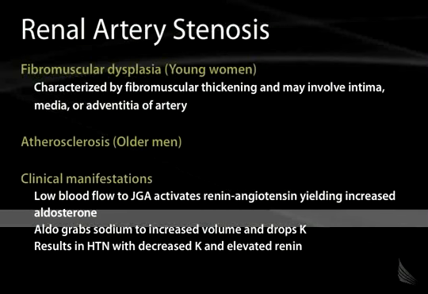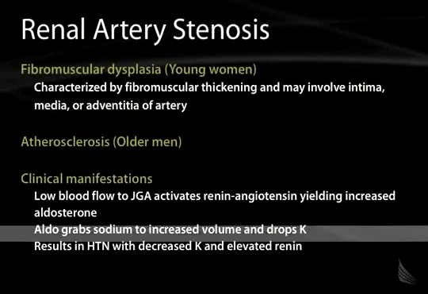The aldosterone acts on the kidney tubules to increase sodium reuptake and increase potassium secretion in the renal tubules. This leads to increased volume and hypertension. It can also result in hypokalemia with the resulting cardiac arrhythmia and other complications.